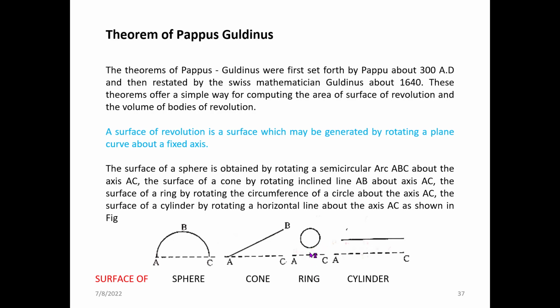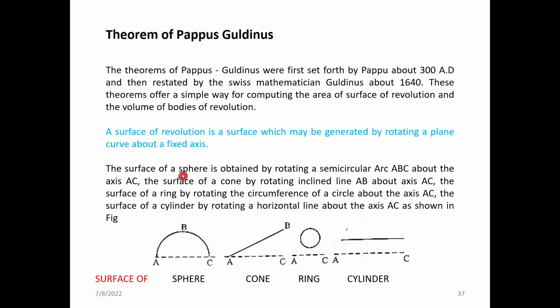Then we have the ring. We have a closed curved area, and when you revolve this about AC, you get a tube surface area. And for a straight line parallel to the base axis, once you revolve it about AC, you will get the surface area of a cylinder.